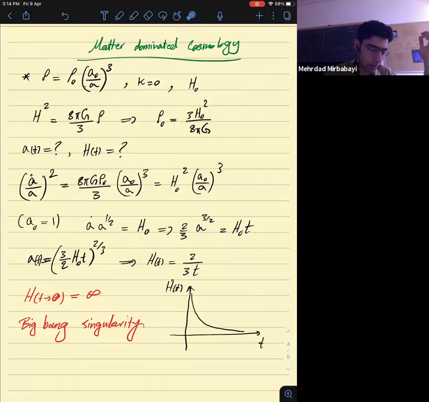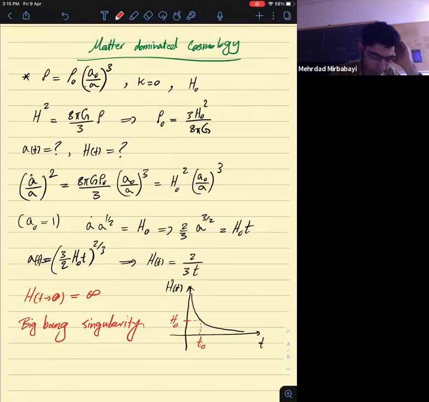Oh, by the way, this is also important. Now we can also ask what is the time now, or how far in the past this Big Bang singularity happened, and we can answer it. Because we measure Hubble to be H0, that determines T0, the age of the universe, the time it took.